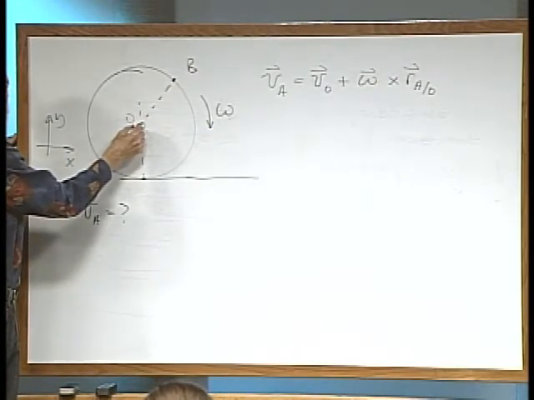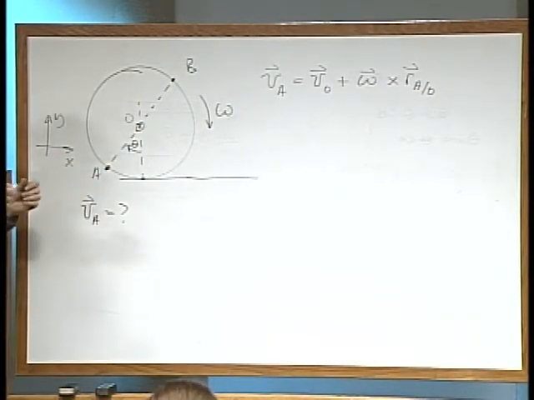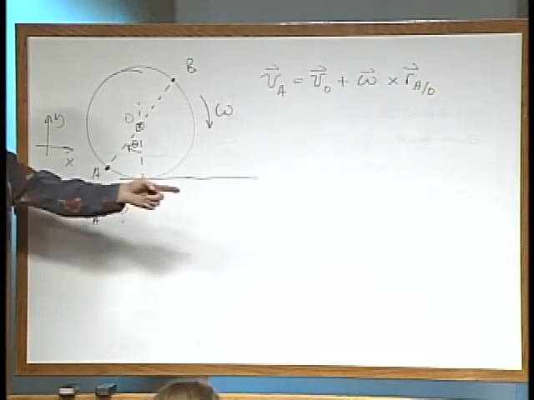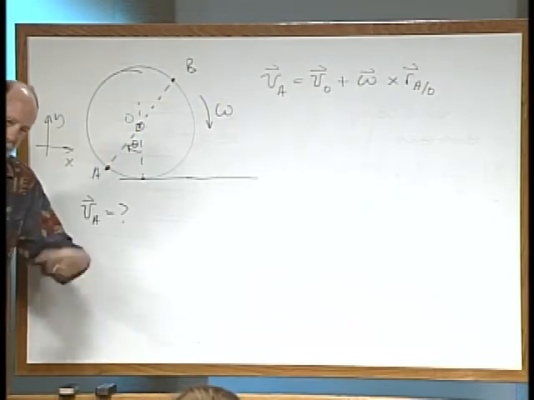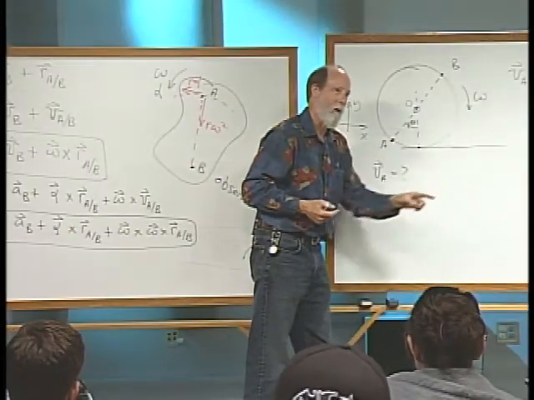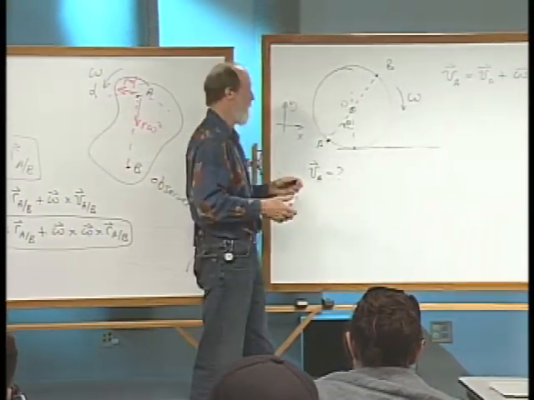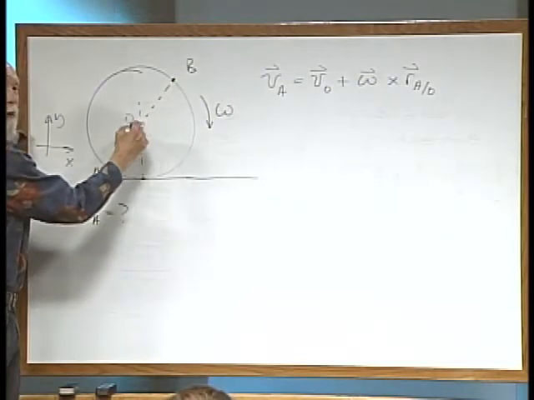It's r omega, isn't it? Don't forget the cycloid stuff we talked about. The rolling wheel is rolling down the road. You on your bicycle, that wheel, you're moving forward at a certain speed. The center of that wheel is moving forward at that same speed. So it's r omega.